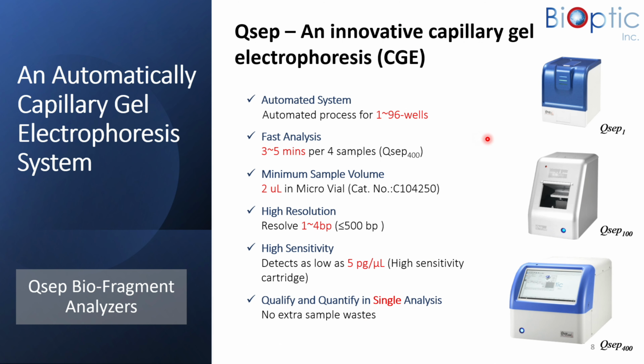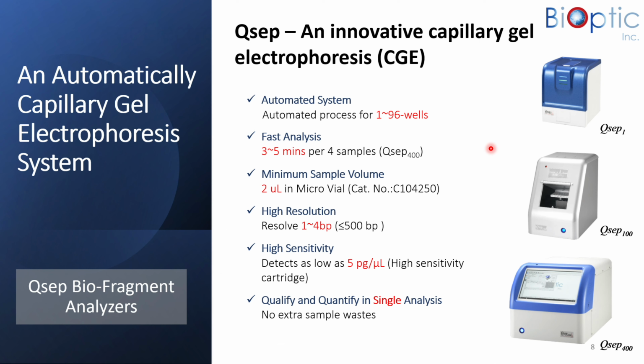BiOptic wants to keep the advantages and improve the efficiency and quality of existing electrophoresis systems for biofragment analysis. So we provide users an innovative capillary gel electrophoresis, the QSAP biofragment analyzer.